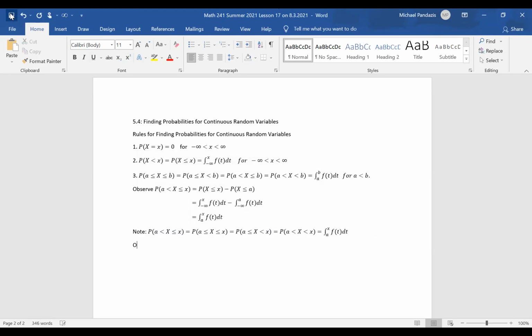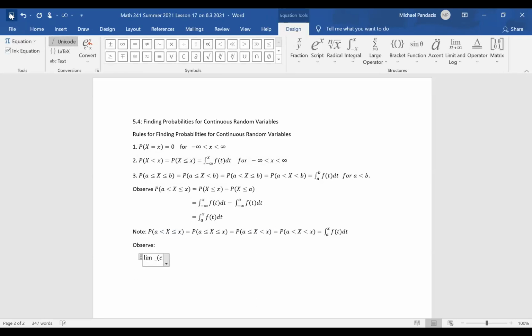Okay, so also observe that if you take the limit as c approaches 0 of the probability of x minus c less than capital X, less than or equal to a fixed value little x, this is equal to the limit as c approaches 0 of the definite integral from x minus c to x of f of t dt.